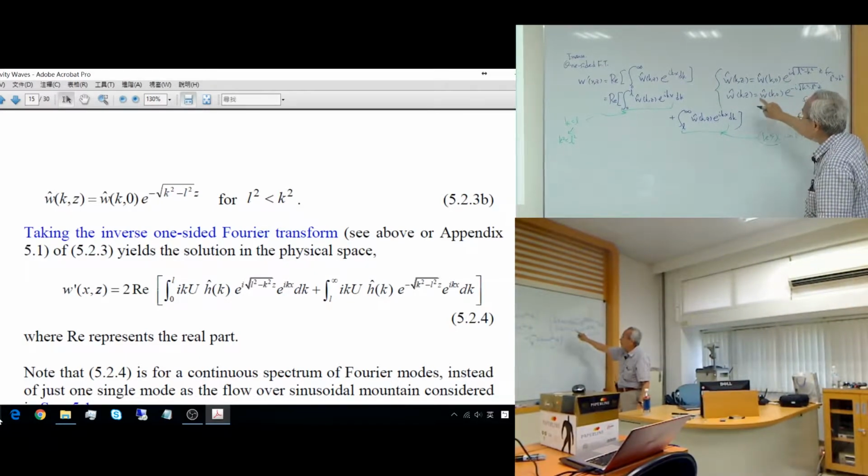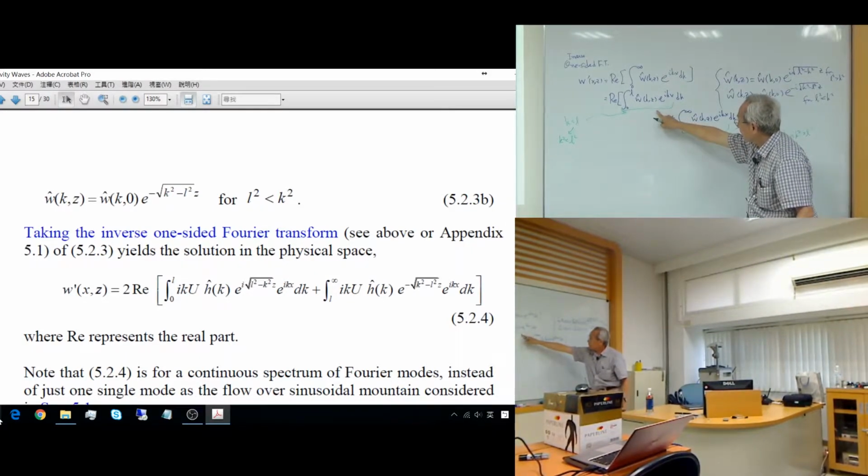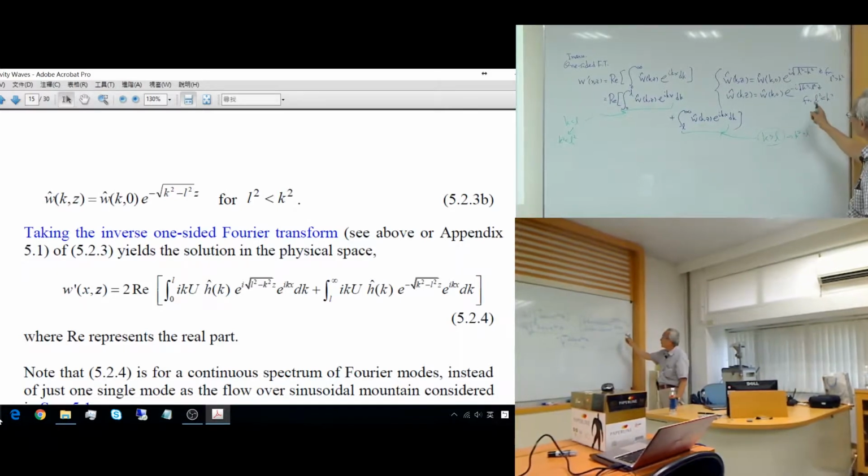Okay, so which solution will be for this part? Will be this one, right? The first part will be this one because that requires k squared less than L squared.